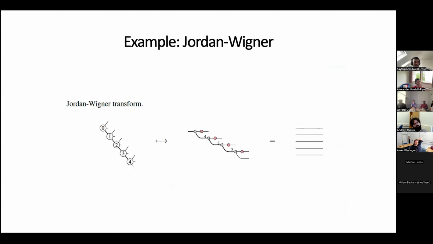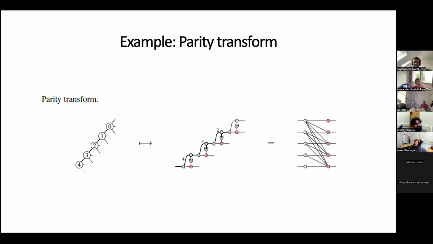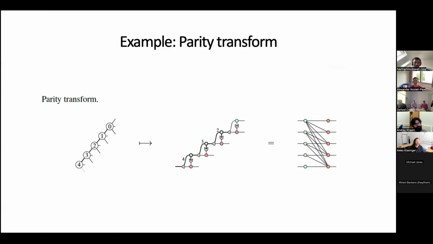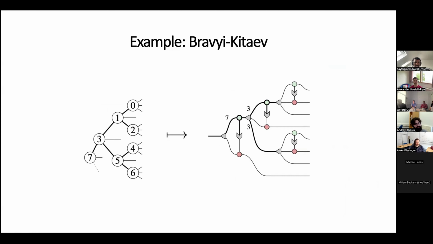Okay, back to looking at the examples. So Jordan-Wigner, everything just disappears and it's the identity. Parity is quite similar to Jordan-Wigner actually. It's just that the tree goes up instead of going down. That's quite interesting how that happens. Bravyi-Kitaev: the inductive tree structure that we had before with the matrices, where you double the size of the matrix and then add ones along the bottom.